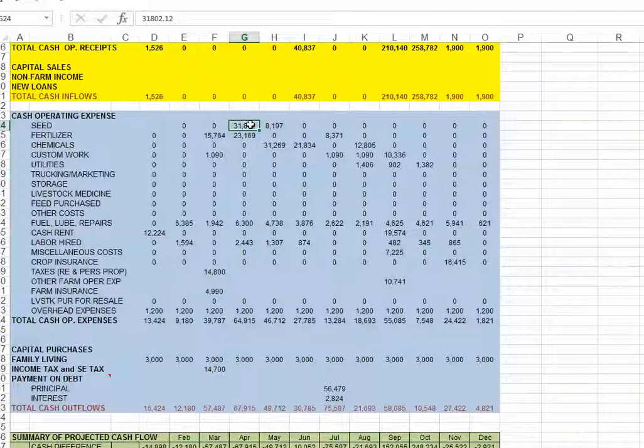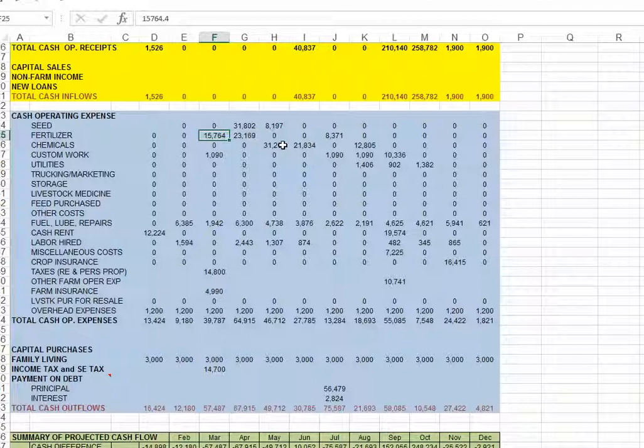So it might be something like the number of acres of a crop, number of pounds of seed needed per acre at some price. Again, this is fertilizer. That's a projection based on acres, type of fertilizer, and price. And remember now, these are projections. So you'd look at last year's usage of, say, fertilizer or chemicals.